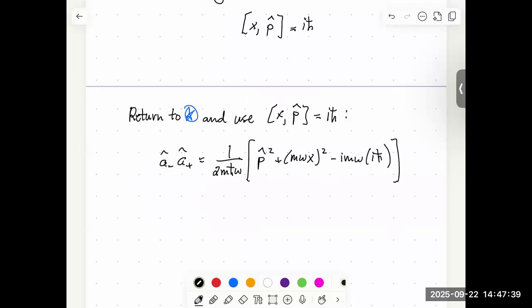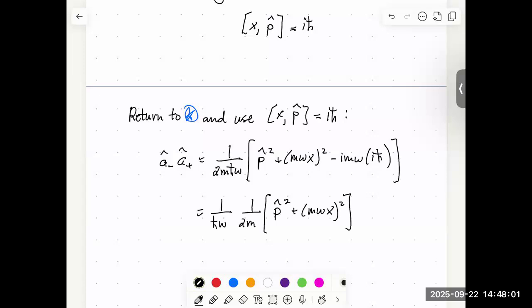And so this is equal to 1 over h bar omega, 1 over 2m, and then we had p squared plus m omega x squared.